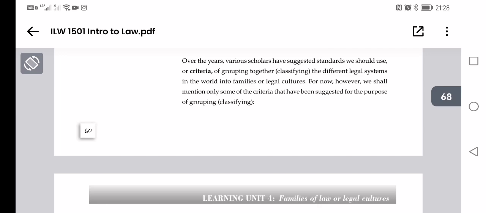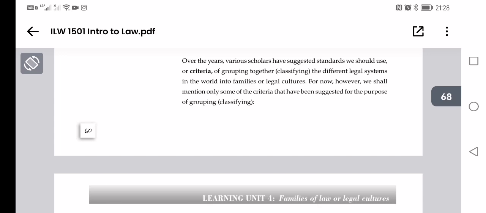Over the years, various scholars have suggested standards, or criteria, for grouping together, classifying, the different legal systems in the world into families or legal cultures. For now, however, we shall mention only some of the criteria that have been suggested.